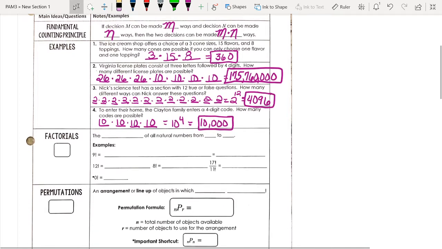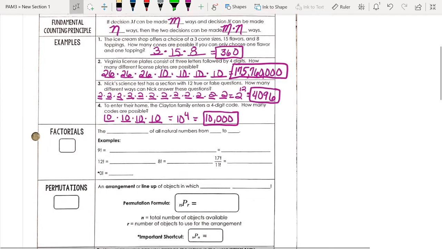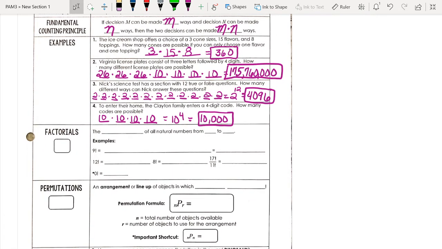Okay, here we go on to something that's called factorial. And this is probably a new word for you in math. Here's what it looks like when they're asking you for a factorial. We're going to put the letter N, and we're going to put what looks like an exclamation point after it. But we do not say N exclamation point.